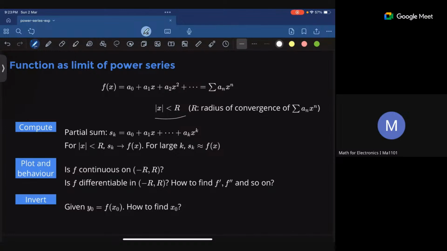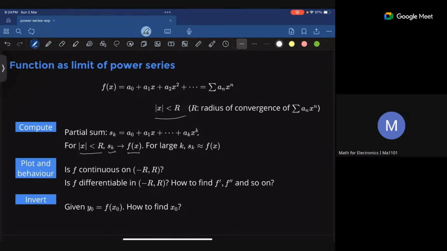As k tends to infinity, you keep on adding terms to this summation. If your x is within the radius of convergence, then you will observe that this S_k as k tends to infinity will approach a function. So for very large k, S_k is approximately equal to f(x).